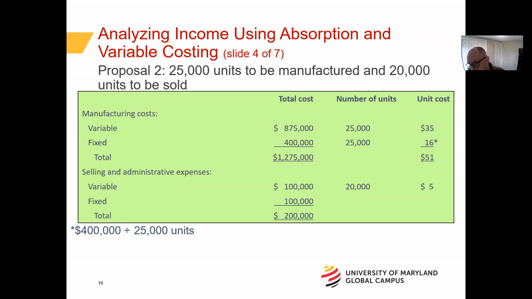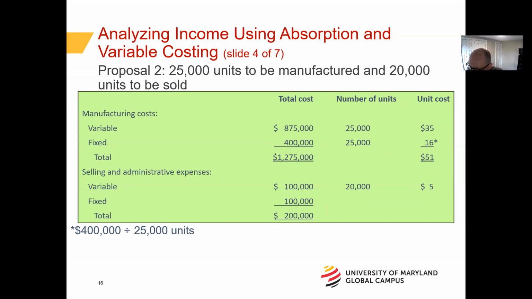Now you might be thinking to yourself, well, that's interesting because we made more units and the fixed cost per unit is lower. How is that? Well, that's because to calculate the fixed cost per unit, we take total fixed cost divided by the number of units manufactured.